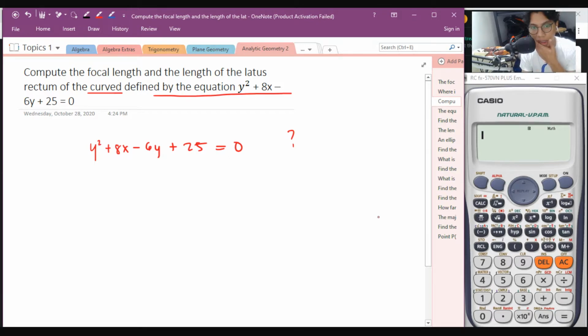Lahat naman sila. So, I assume this one could be a parabola. May binigay ba dito? Compute the focal length of the length of latus rectum of the curve. Oh, ito na, ang gagamitin mo dito will be completing the squares. For general equation, di ba ito general equation to?